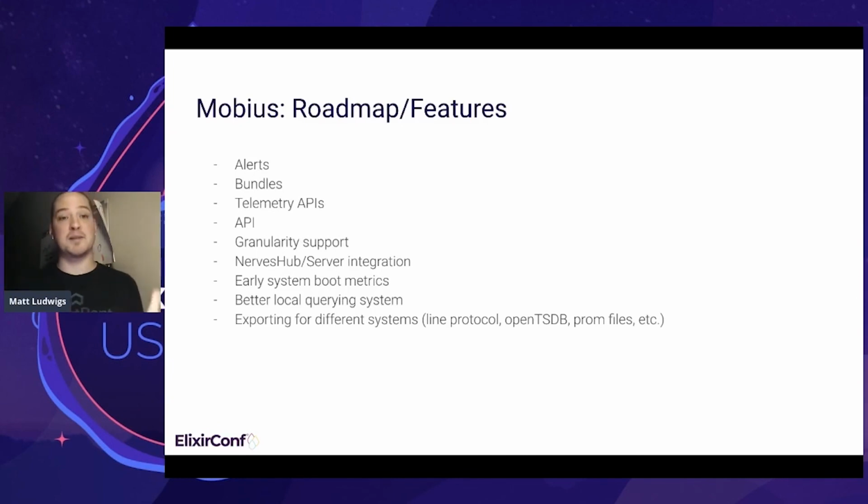So in bundling, being able to bundle up all this information and send it up to a server would be nice to have as an option, because right now there is no option for a larger server to get a fleet-wide view of what's going on with the metrics for all the Nerves devices.